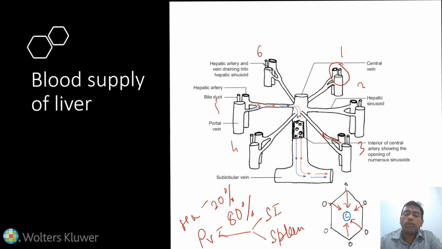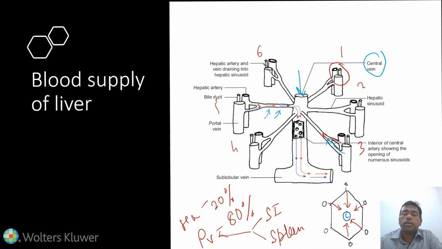Also the blood from the vein will enter the hepatic sinusoids. So the sinusoid has arterial as well as venous blood, and the blood is drained into central vein here.